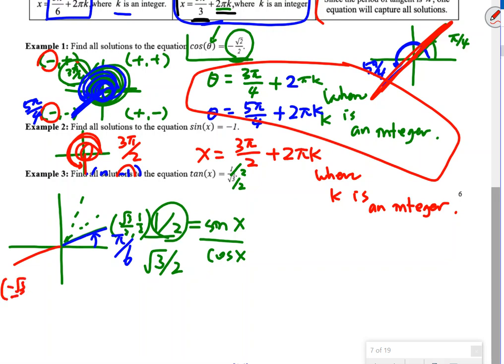Negative radical 3 over 2, negative 1 over 2, gave me negative over negative, gives me the same answer. So the second answer is 7 pi over 6, in quadrant 3. So I have 2 answers.